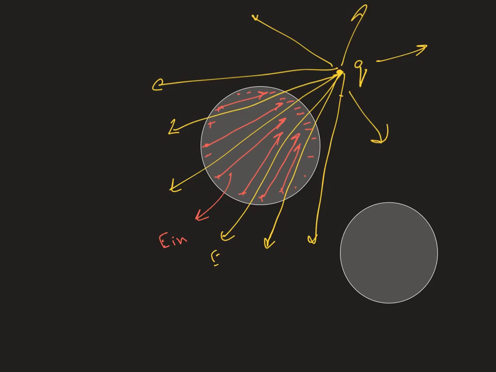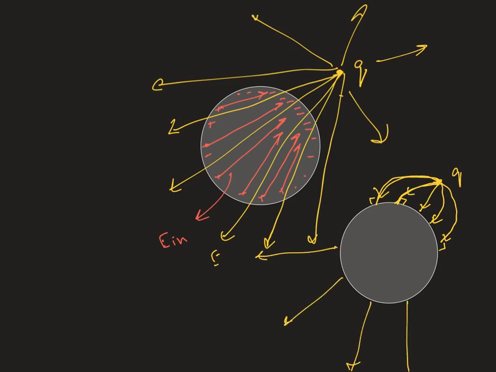So how is the behavior going to be? If this is your charge, the field lines will fall at 90 degrees to the conductor. Not a very good drawing, but you'll have to assume all field lines will fall at 90 degrees to the conductor, and from the other side they will again be emitted at what angle?